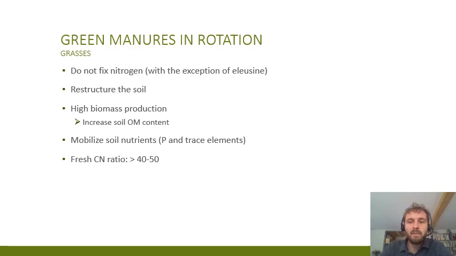So you will have a lot of organic matter produced that you can have in your system and bring back to the soil to maintain its fertility. And finally, they can mobilize nutrients, phosphorus, and other trace elements from the soil. As we discussed, most of the nutrients in the soil are there but are not available. So these grasses can help you to mobilize these nutrients and then use them to create a fertilizer.